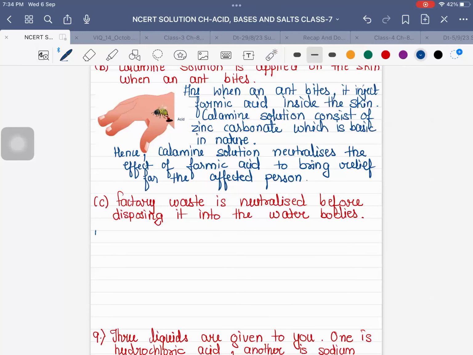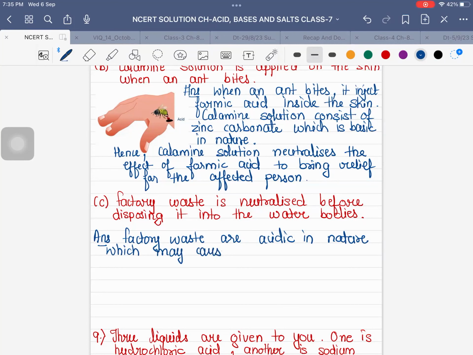So let's write, as factory waste are acidic in nature, which may cause harm to aquatic life.